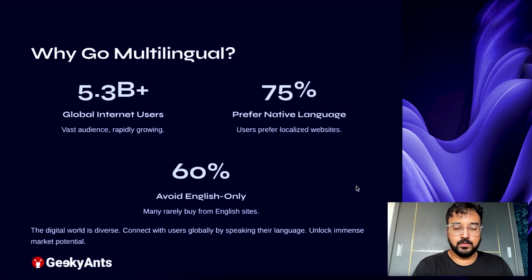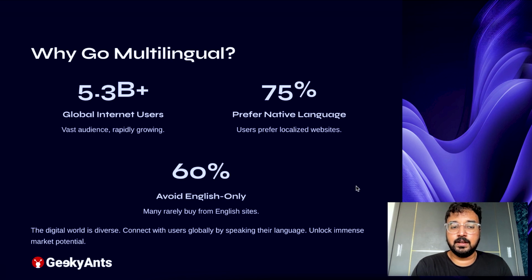So why go multilingual? We currently have about 5.3 billion users globally, and out of them, 75% prefer native languages. So if you want to go into countries like Japan, then they prefer the Japanese language. And if they want to use a website that you have, they would definitely want a very native feeling in how they browse it.